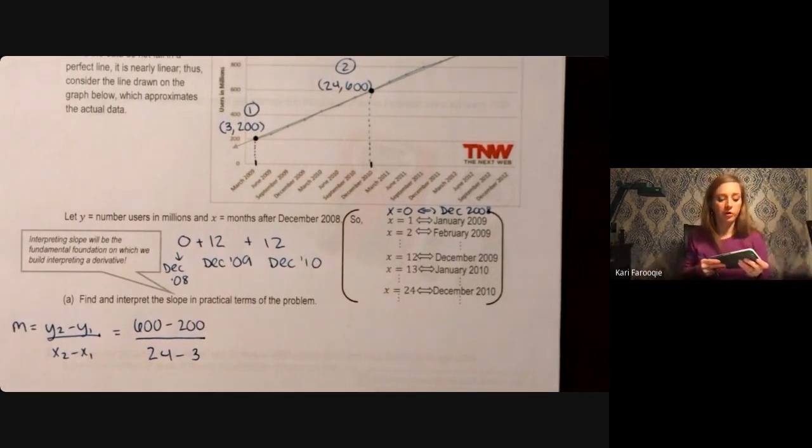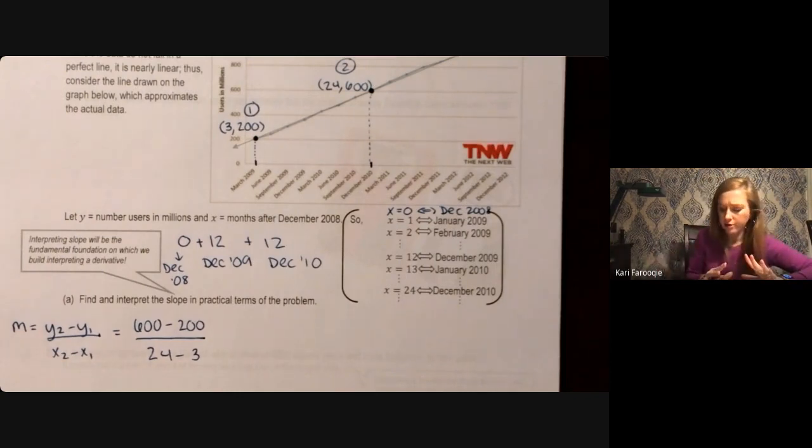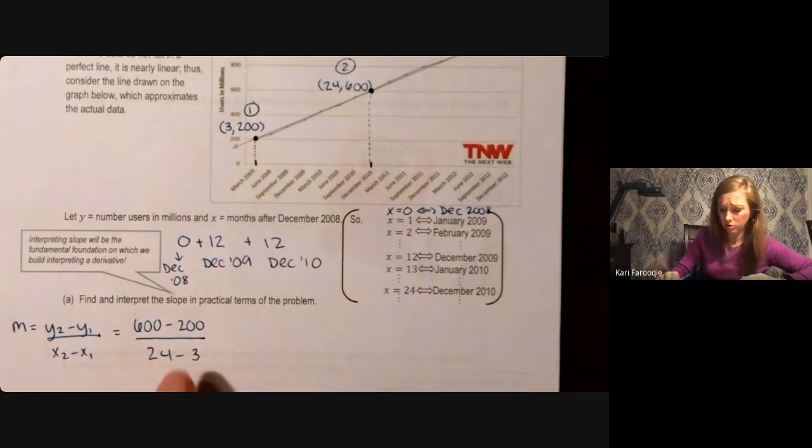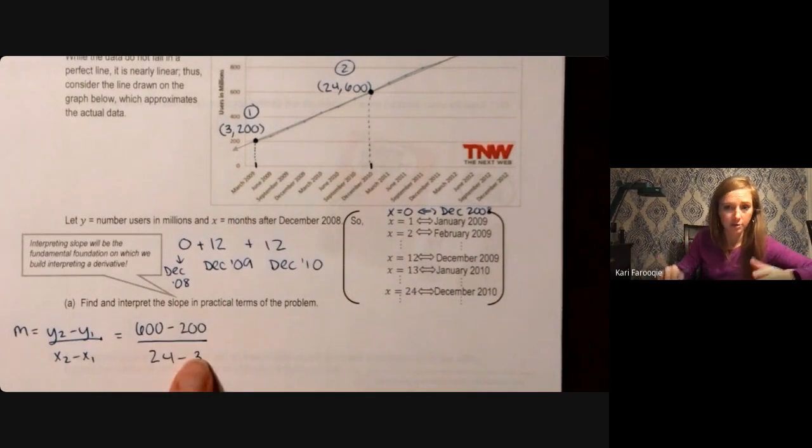And then we'll simplify. I'm going to leave this two ways. First, I'm going to leave an exact answer that's just written as a fraction. And then so that we can interpret the slope in practical terms, we'll turn it into a decimal. Another thing is, if you wrote the points in the opposite order, if you let this be point 1 and that be point 2, that's okay. You're just going to get a negative divided by a negative, which will just turn out to be a positive. So you'll get the same answer regardless.